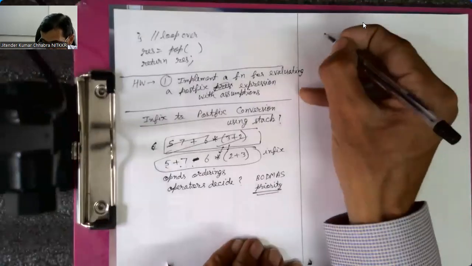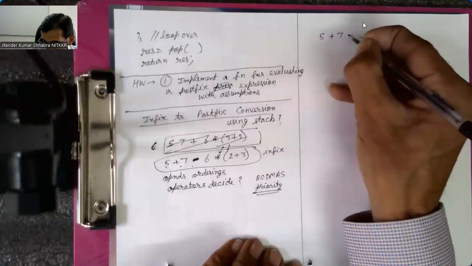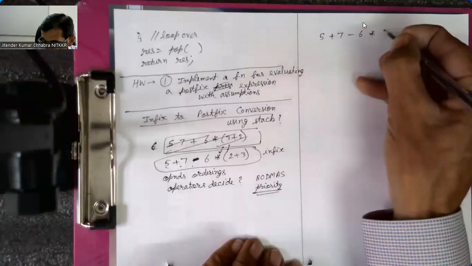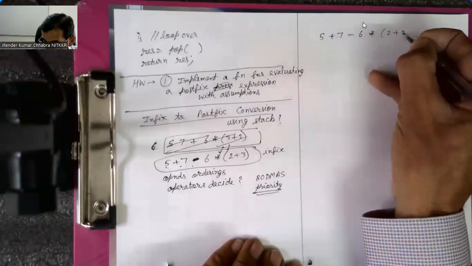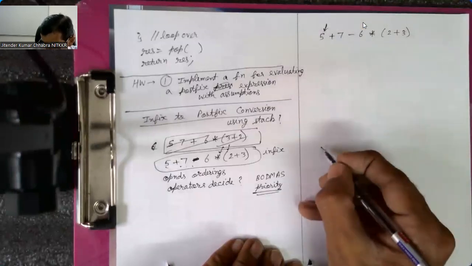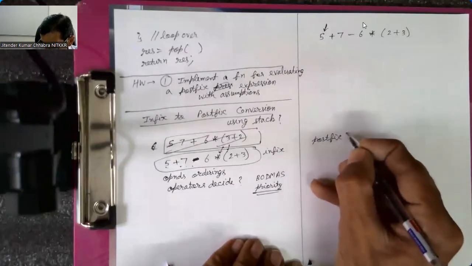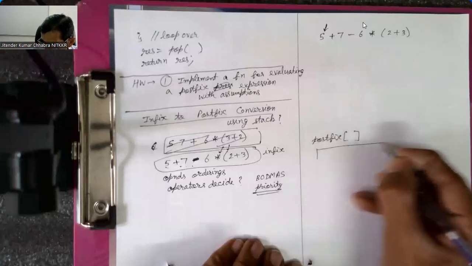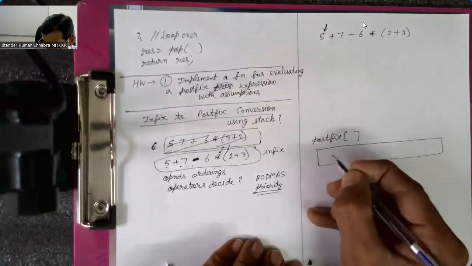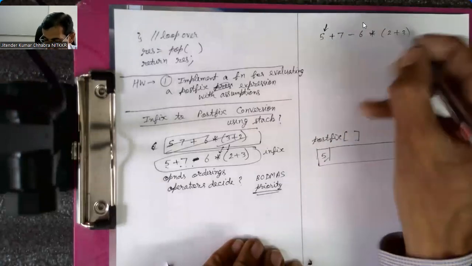So let's make a logic for that and understand the stack's working. If I have an expression like this, it works simply. As soon as I get some operand, I put it into a postfix expression array, and all data will be generated one by one. 5 can come straight away, no problem.